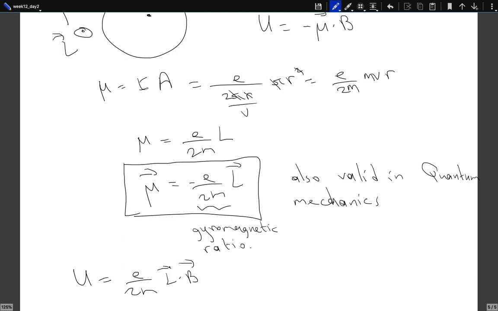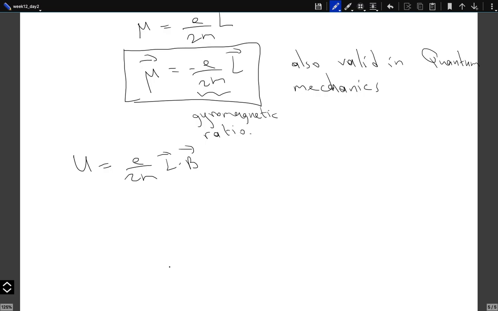What is the direction of B? B is the externally applied magnetic field. You can apply it in whichever direction you like. So let me choose the direction of B to be my z-axis. It's a choice.